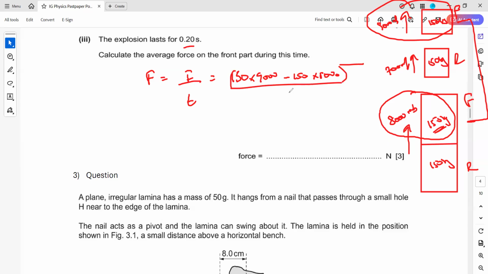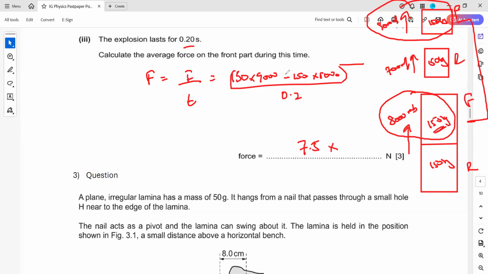What was the duration? 0.2. What's the answer? 7.5 times 10 power 5, 10 power 6. This 7.5 multiplied with 10 power 6. I got 5. Yes, Abdullah.